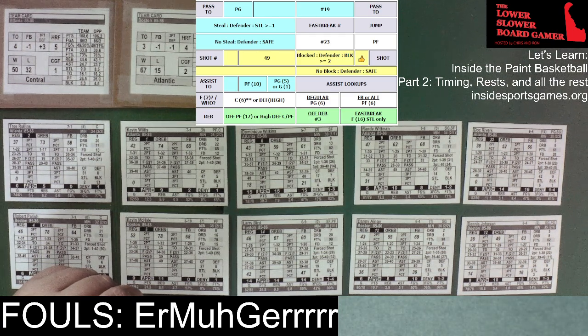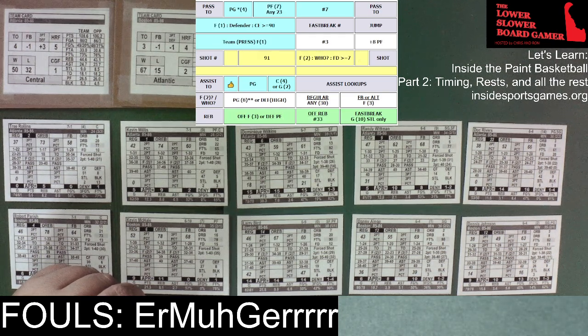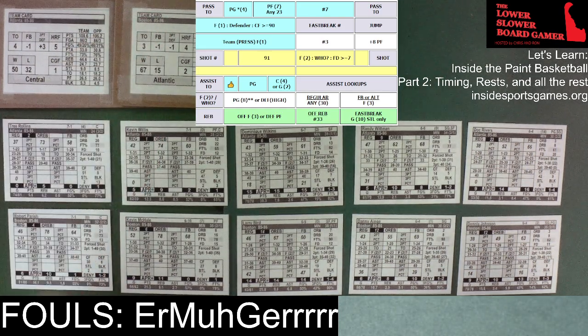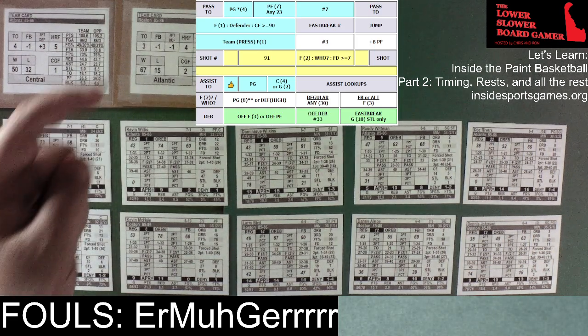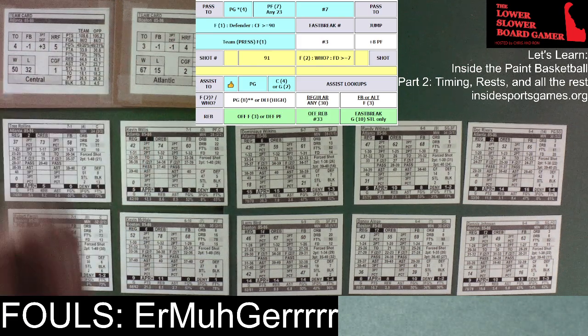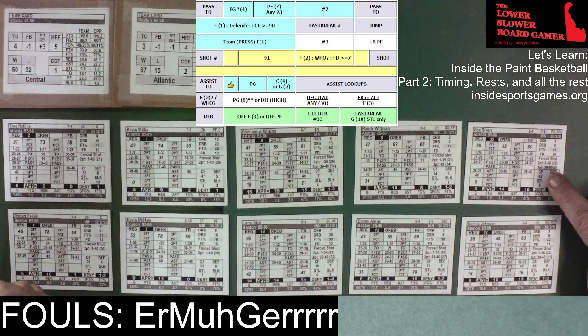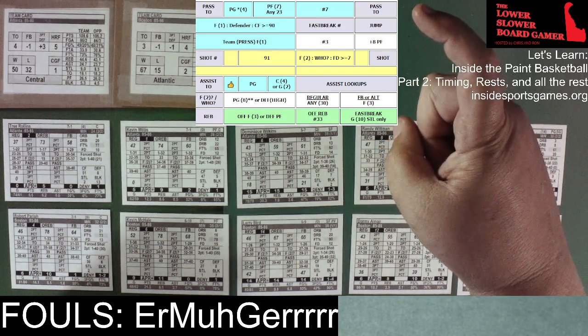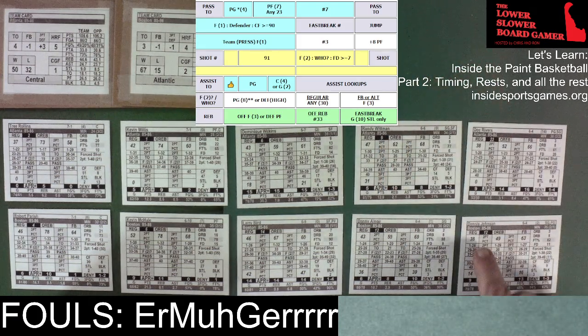Let's do another one, this one with Boston. Point guard 4, Dennis Johnson, has a go-to of 9. Possible stoppage, non-shooting foul: if his defender has 90 or greater. Doc Rivers only has 42. He is going for a 7, which is a 2-point shot.